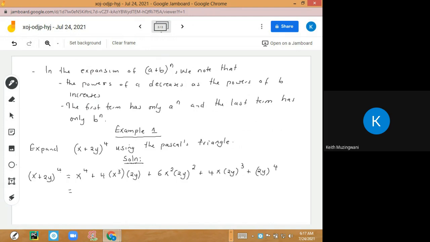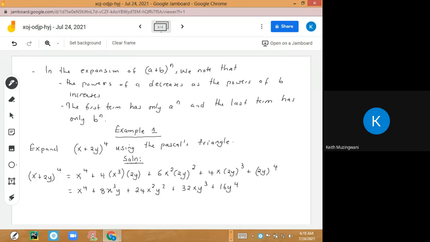Then you simplify, so we get x4 plus 8 x power 3 y plus 2 squared is 4. 4 by 6, we get 24 x squared y squared plus 2 power 3 is 8. 8 by 4 is 32 x y power 3 plus 2 power 4, that is 16 y power 4.